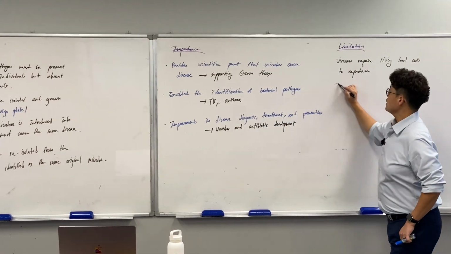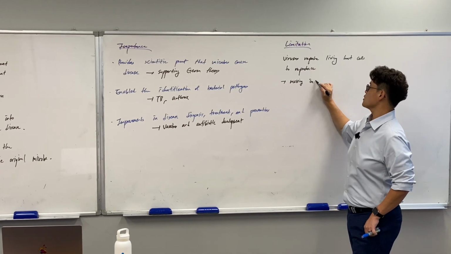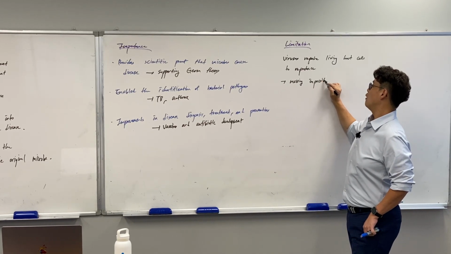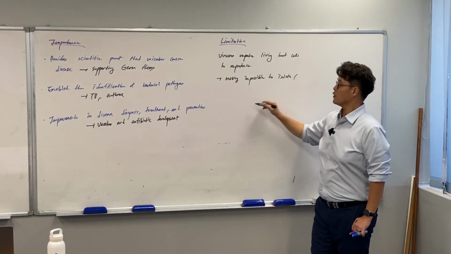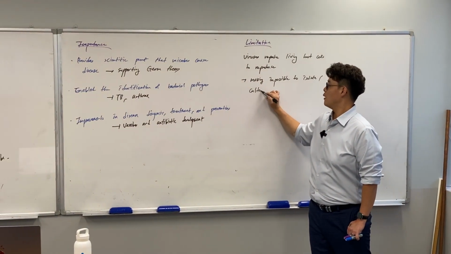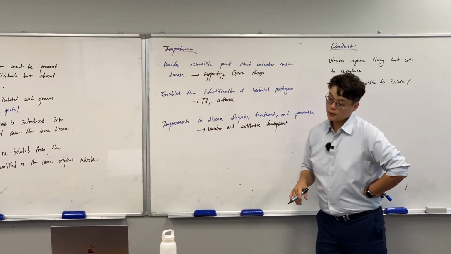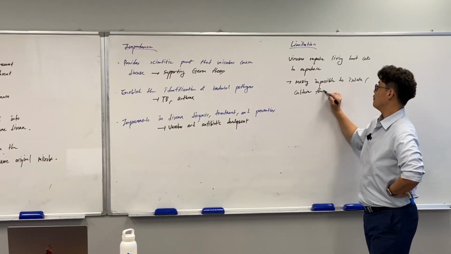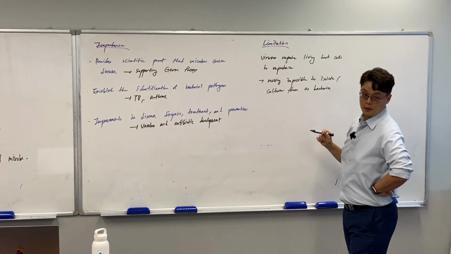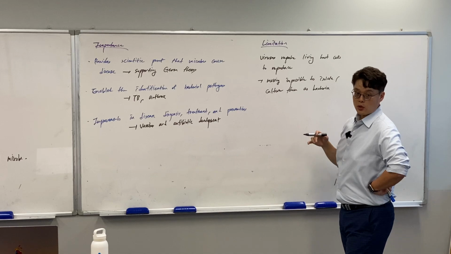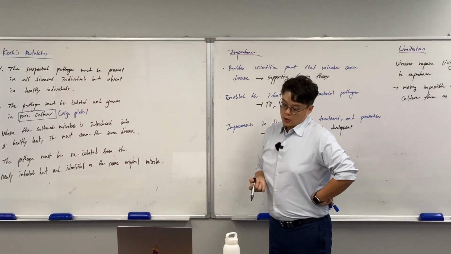That means following the postulate, it's impossible to isolate and culture them in the agar plate. We can't culture them as bacteria. Does that make sense? So that remained as one of the limitations of Koch.